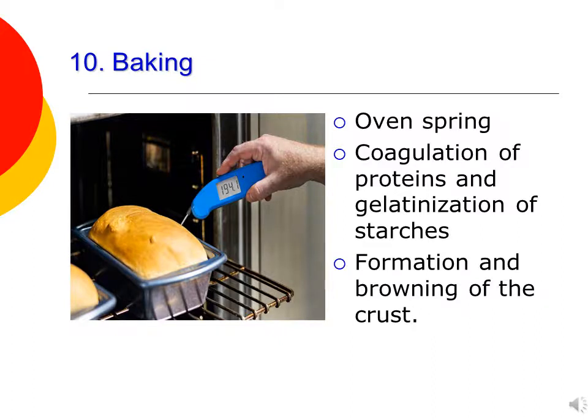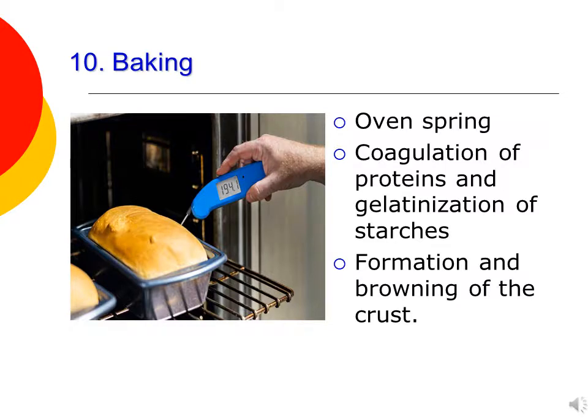The yeast is very active at first but is killed when the temperature inside the dough reaches 60 degrees Celsius. Then coagulation of proteins and gelatinization of starches starts. In other words, the product becomes firm and holds its shape. Crust starts forming and browning.